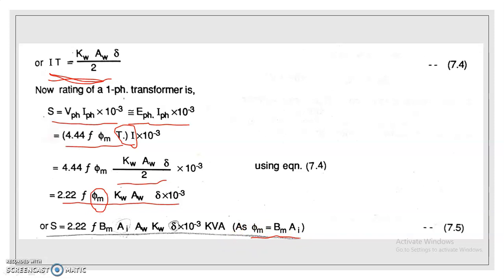Flux is equal to flux density into net iron area. So we can write this for phi m, and we get 2.22 f Bm Ai Aw Kw del into 10 raised to minus 3 kVA. This is the output equation for the single phase core type transformer.